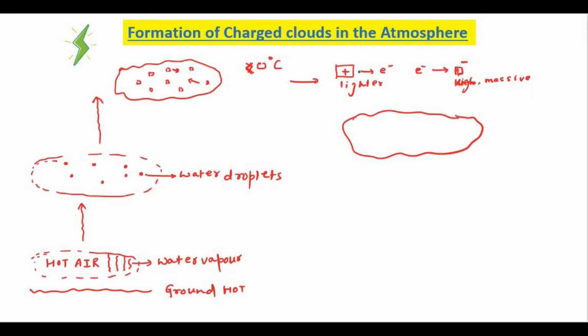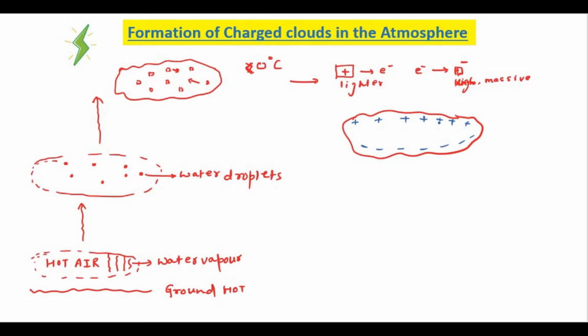Due to collision, some of them lost electrons, some of them gained electrons. Those who gained electrons become negative and slightly heavier, and heavier particles always settle down. So that's why the bottom part of the cloud is negative, due to the presence of ice particles which have absorbed electrons, and the lighter particles which are positive move up. So the upper part of the cloud is positive.